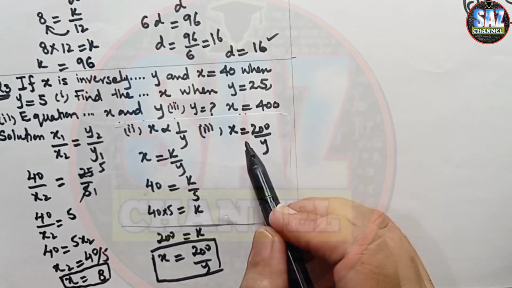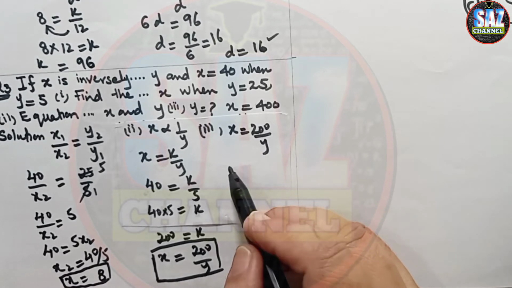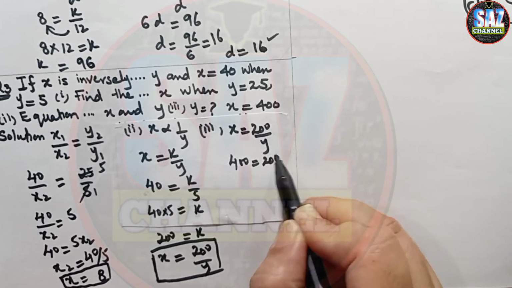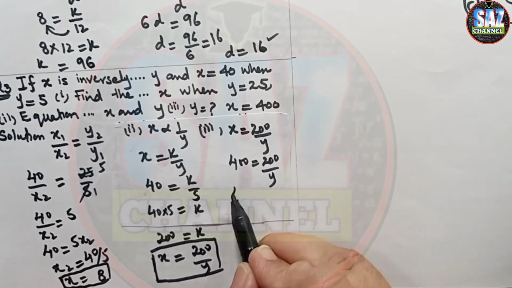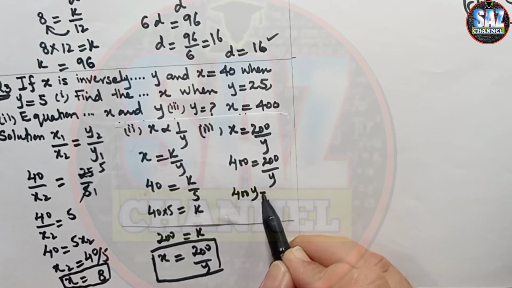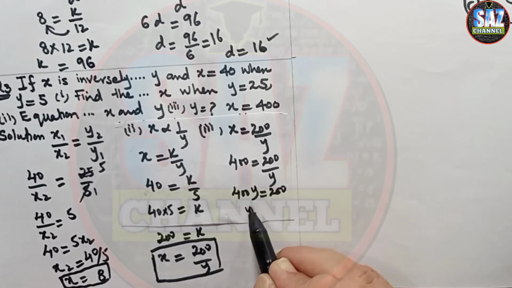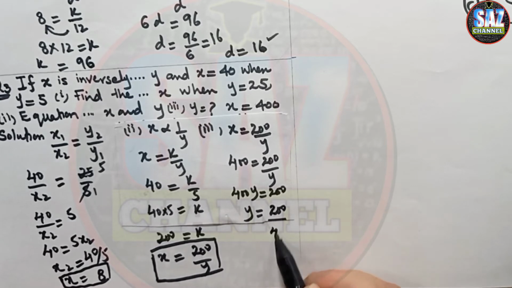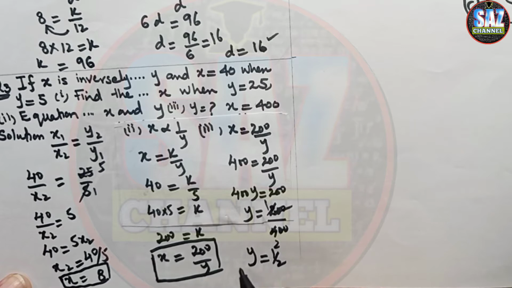Instead of x, I replace 400: 400 equals 200 upon y, or 400y equals 200, y equals 200 upon 400. Zero will go with zero, and 2 ones are 2, 2 twos are 4. So the value of y equals 1 by 2. I hope you are clear about this part.